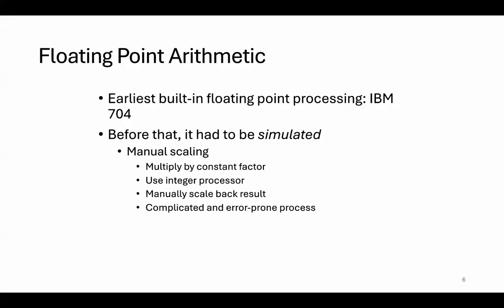So they had to do manual scaling, multiply the numbers by a constant factor, and they had to use integer processor, manually scale it back, and then in order to get back the floating point operation. So you can see that could be a lot of errors that could happen from that operation. It was not that easy until it was finally introduced in the hardware part by the IBM 704.